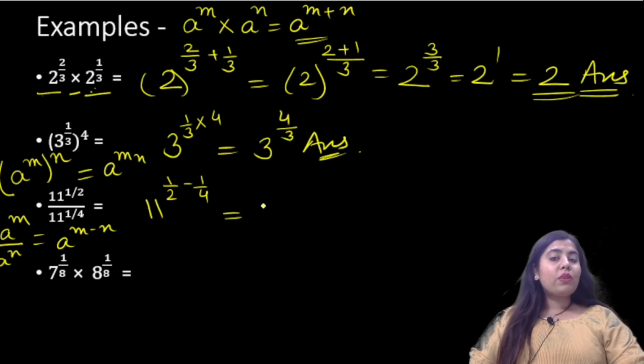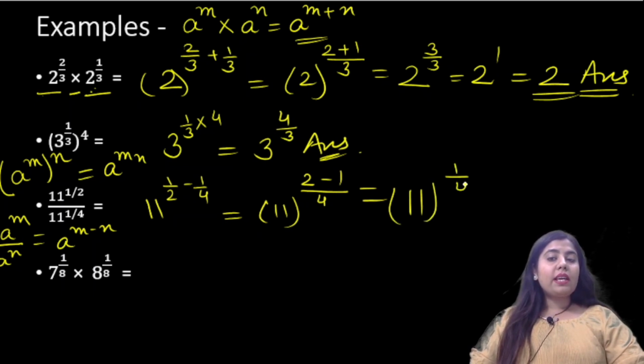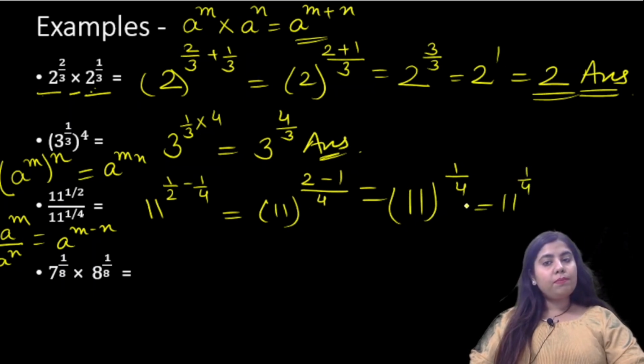Now it is equal to 11, base as it is, 1 by 2 minus 1 by 4. Denominators are different, so we have to take the LCM. LCM of 2 and 4 is 4. So the numerator will become 2 minus 1, which is 1, with the denominator as it is. So the answer is 11 raised to the power 1 by 4. Clear?